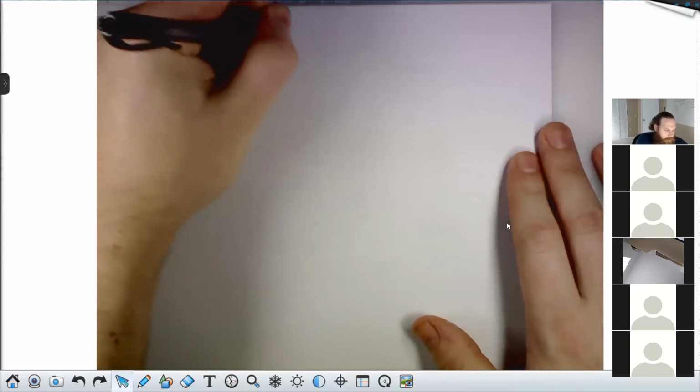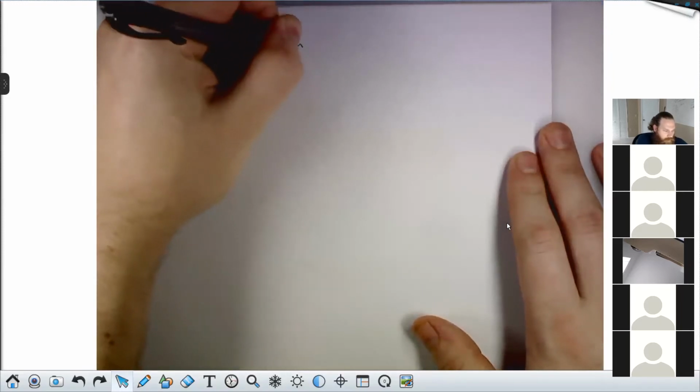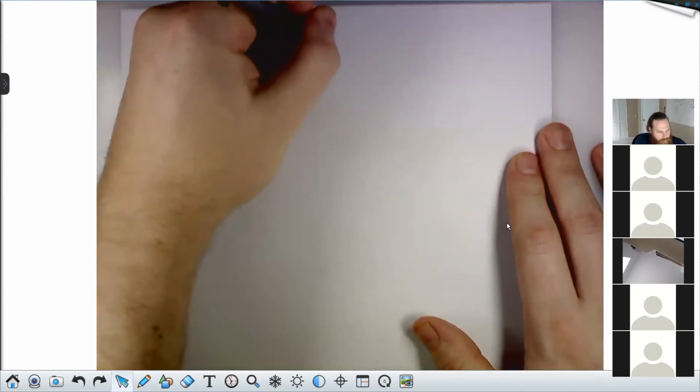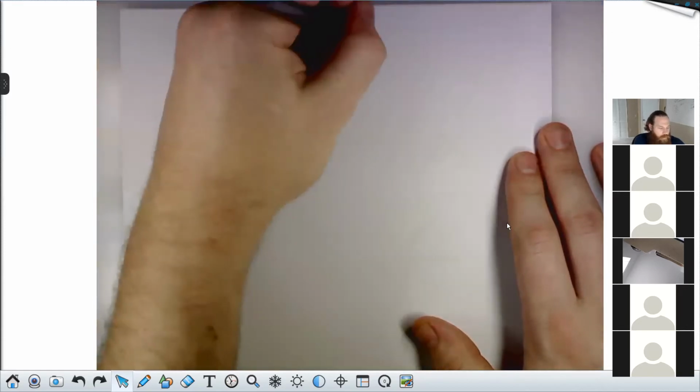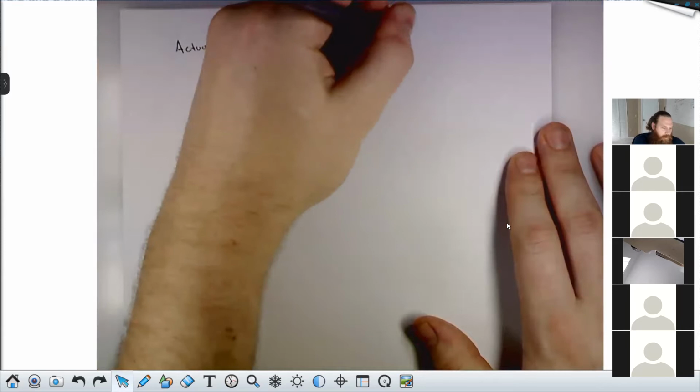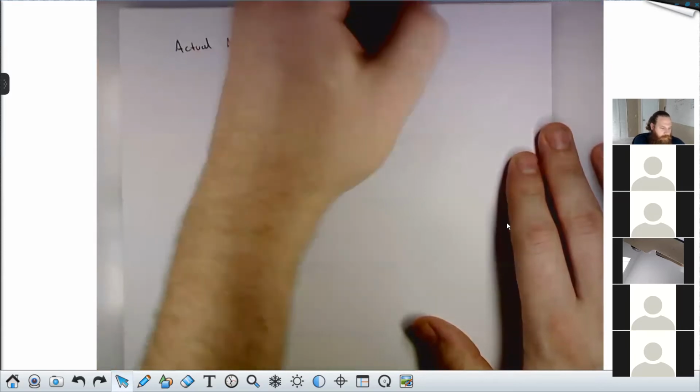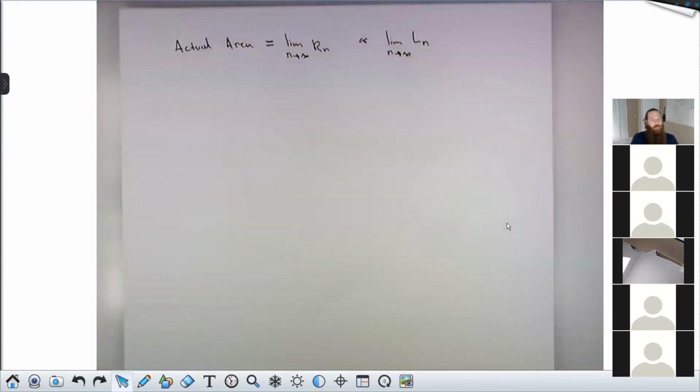So you take the limit as n goes to infinity in Rn, or you could use the limit as n goes to infinity in Ln. Either one will work.